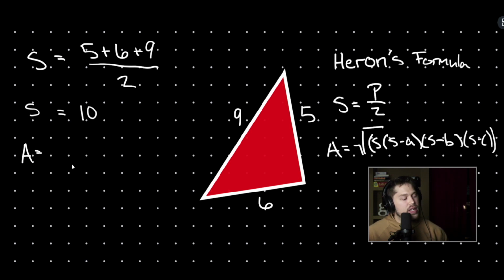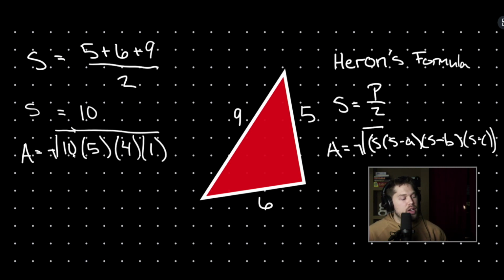Area is equal to the square root of 10 times 10 minus 5, which is 5, times 10 minus 6, which is 4, times 10 minus 9, which is 1.